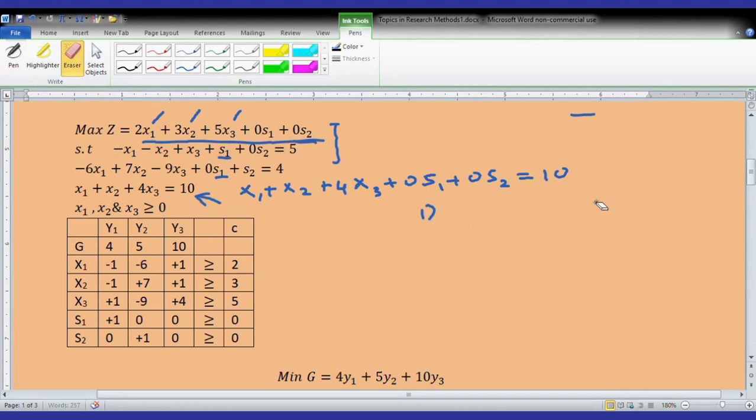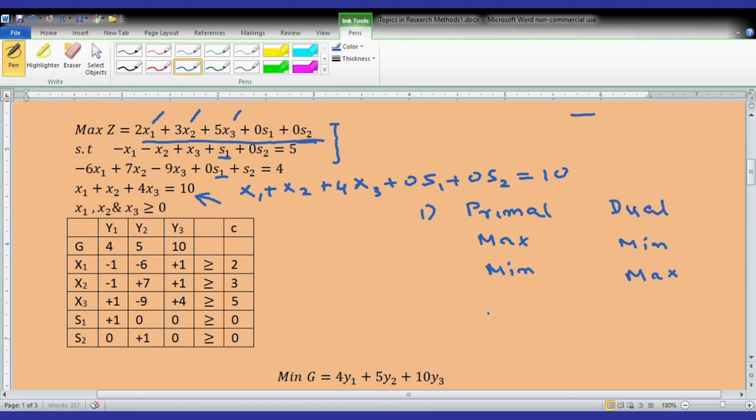Whenever there is a maximization problem as the objective function, the maximization problem is primal. Let me write it down: primal, and we have dual. So with a maximization problem in hand, its dual will be a minimization problem, and if we have a minimization problem, then its dual will be a maximization problem. This is the first thing that you need to keep in mind.